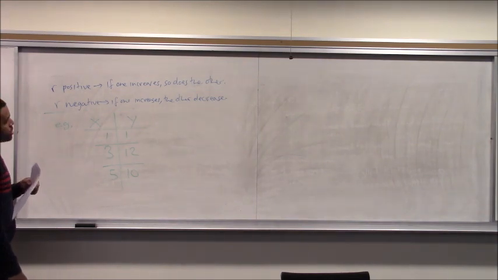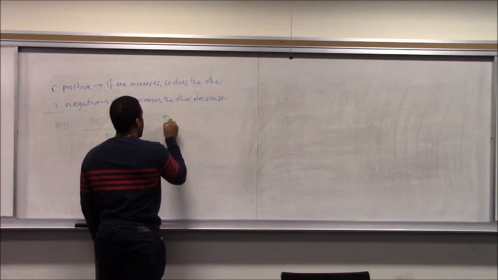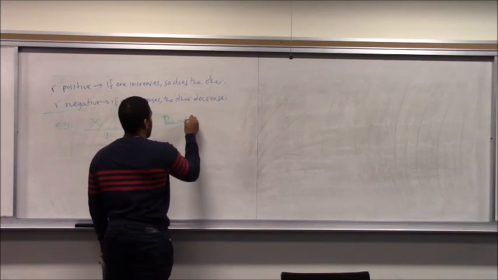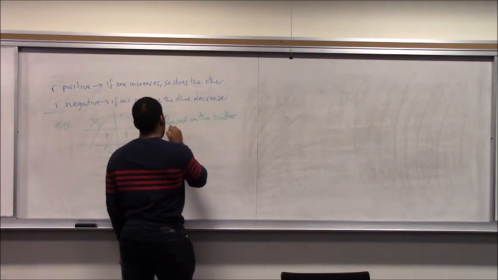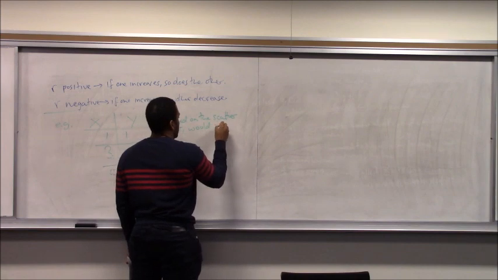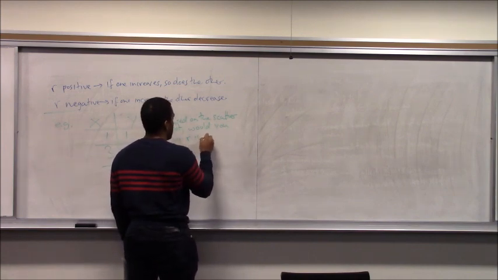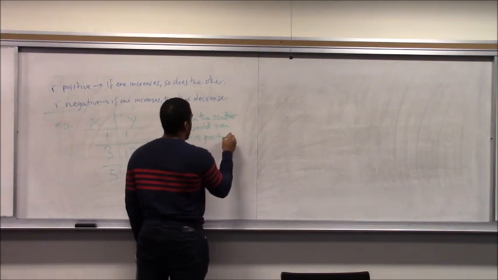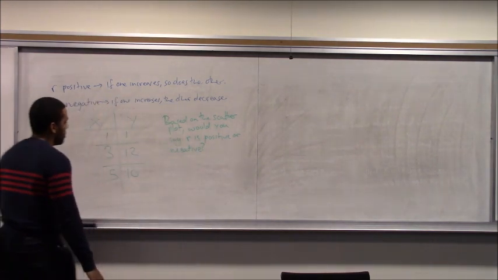So they might ask you, based on the scatter plot, would you say R is positive or negative or something like that? And sometimes they'll actually give you a list of values and you have to choose between them.